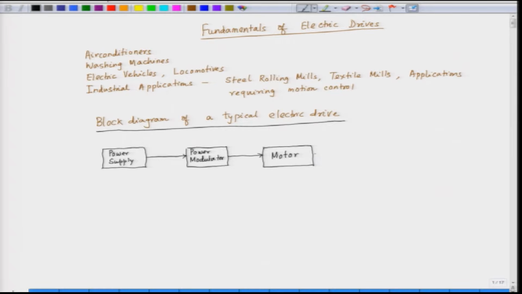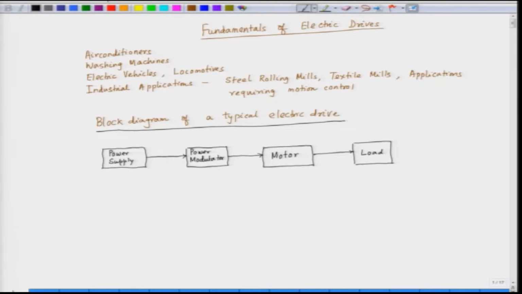And then the motor feeds a load. So, we have the load here, which is connected to the motor by mechanical coupling. It is a mechanical load which is being driven by the motor.